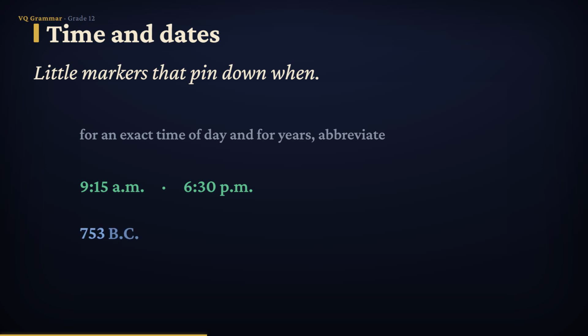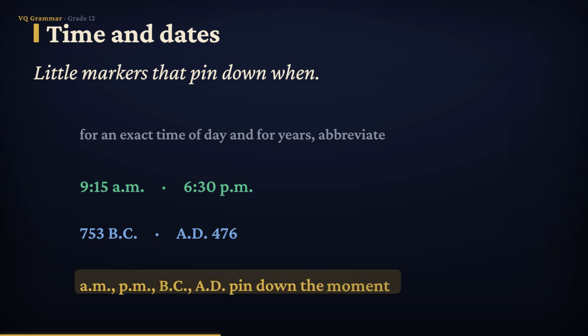The city was founded in 753 BC, and the old empire fell in AD 476. Notice how these small markers pin down exactly when something happens. So keep AM, PM, BC, and AD close whenever you need to write a precise time or year.